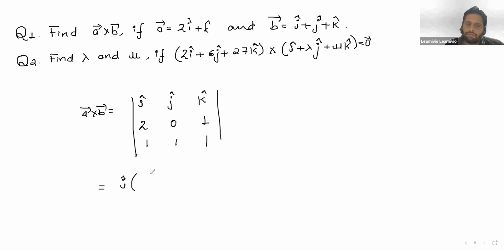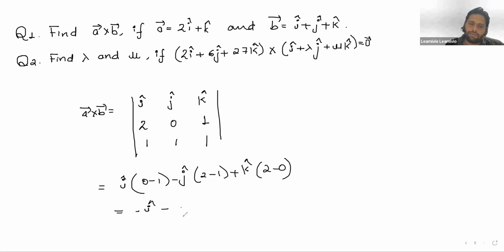So I cap, this one, 0 minus 1. Then minus J cap, 2 minus 1. Then plus K cap, 2 minus 0. So here you will get minus I cap, minus J cap, plus 2K cap. Is it clear, Rifat?